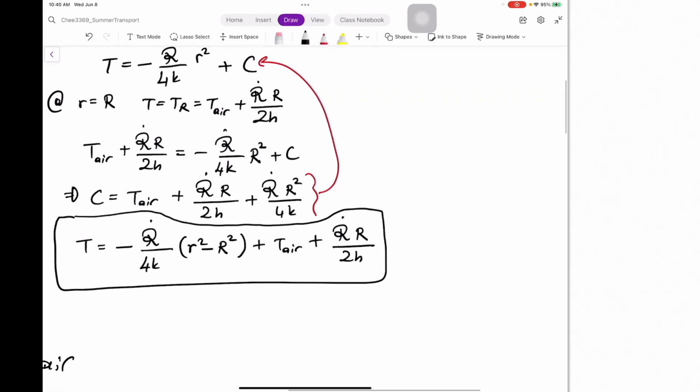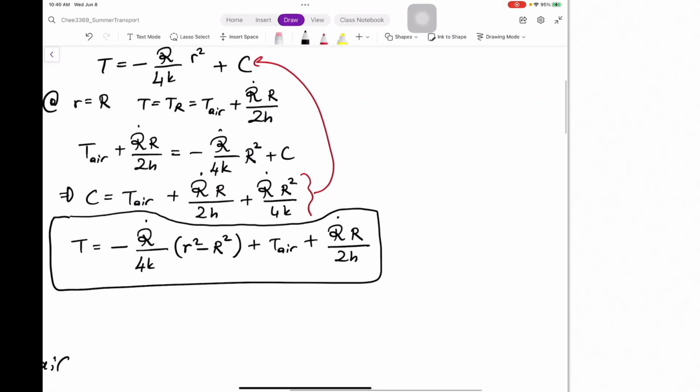And now let's calculate the maximum temperature. T max is where the derivative of the temperature with respect to R is 0 because it's a maxima point.